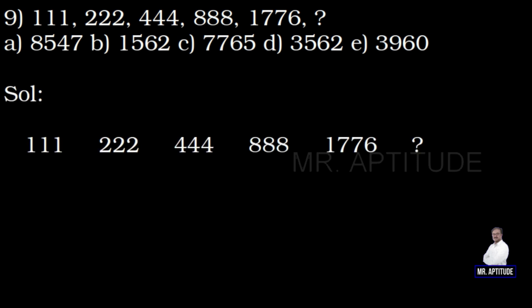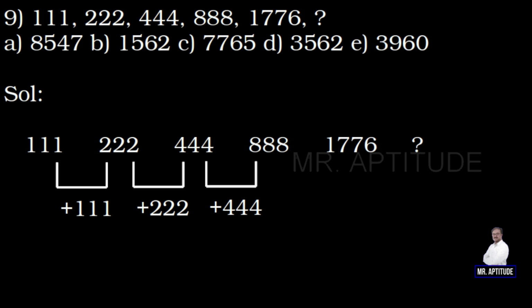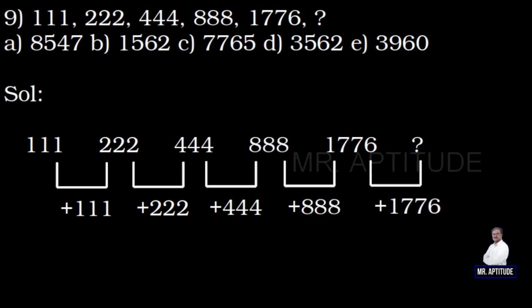Usually we will think this way: 111 plus 111, or 111 two times is 222, 222 two times is 444, 444 plus 444 is 888, 888 when added to the same number gives you 1776. So 1776 plus 1776 gives you 3552. It is not given in your options. So this is not your answer.